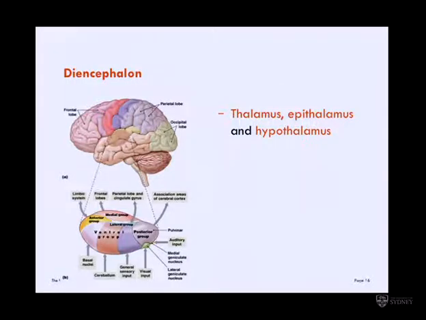For example, visual input comes to the structure referred to as the lateral geniculate nucleus. General sensory information arrives in this ventral group of nuclei. Information from the cerebellum and the basal nuclei goes to very distinct regions within the thalamus.